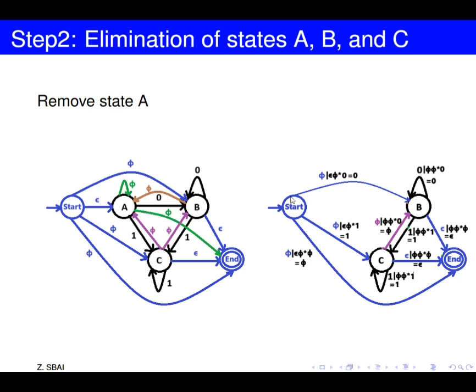Okay, let's see here for transition from start to B, we will write empty set, the original regular expression, and we will write via the operator union the possible way if we're going from start to B through the state A. Okay, in this case we have epsilon, then empty set star, because we may pass through this edge 0 or more times, and then 0.